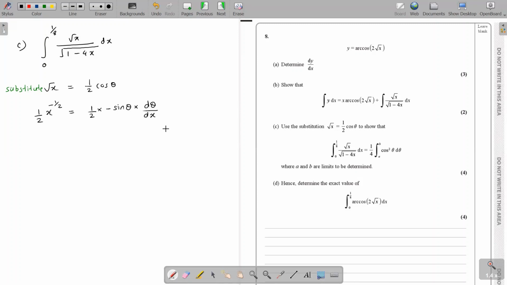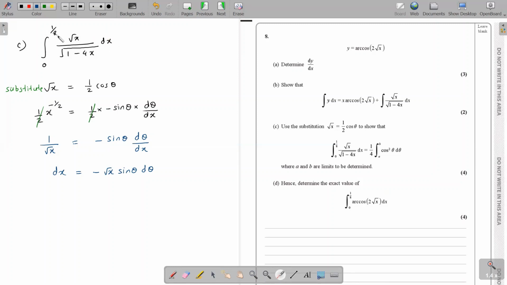So you do realize I'm getting a substitution here for dx. The half and half cancel, so shall I remove the half? Then I get 1 over root x equals minus sine theta times d theta by dx. So I'll bring the dx on top and I get dx equals minus root x sine theta d theta. Do you agree with my working? dx comes here, minus root x comes here. Now I have the substitution ready for dx.